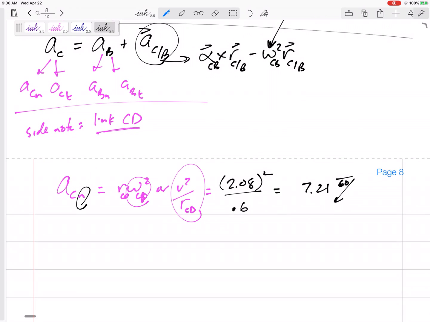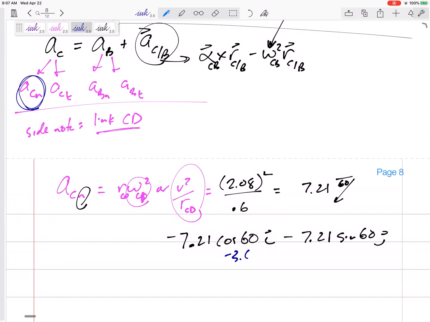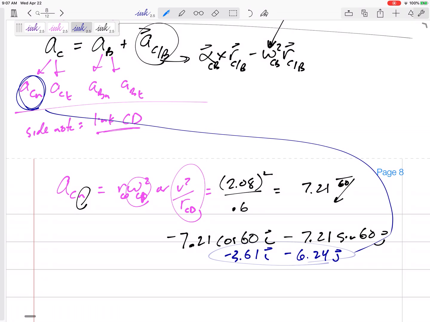Okay, so this, written in I and J, in the I direction, 7.21 cosine 60 in the negative I, and down 7.21 sine 60 in the J. That was a tough one, and that was just a little bitty part. That term is going to be negative 3.61 in the I, negative 6.24 in the J. That is what I'm going to plug in just for that term right there.